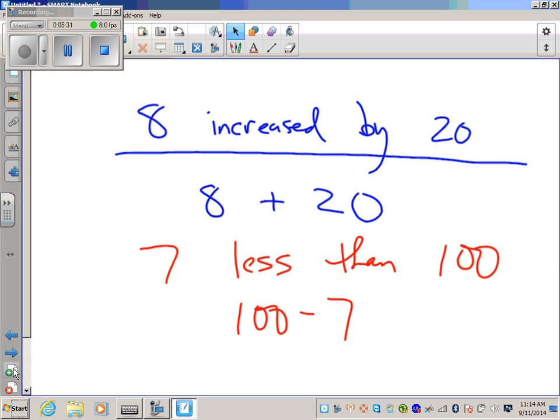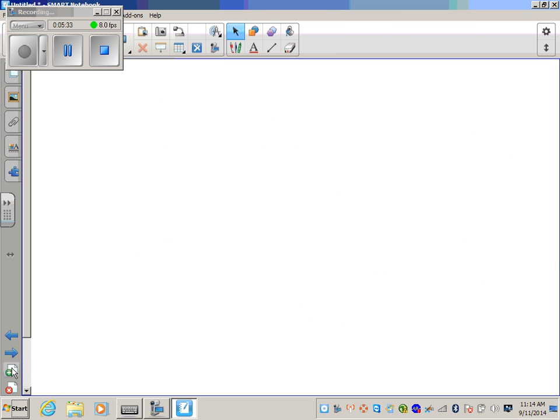Look at number 10 on page 21. This looks like it has multiple operations. See if you can give that one a shot. It says 15 more than 60 decreased by 25. Well, more than is going to mean what operation?